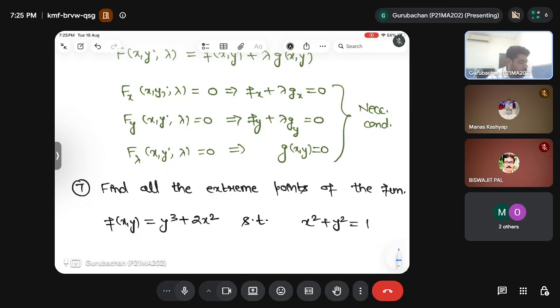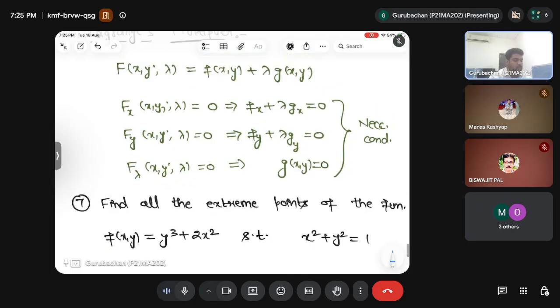You just need to apply the above necessary condition, and tell me what the extreme points of this function are.